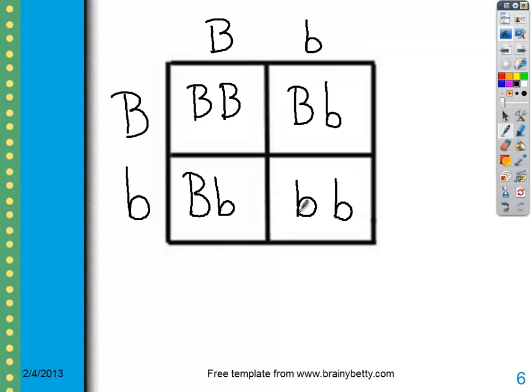All right, so in this example, my offspring are not all the same. I have some differences. So I'm going to have to show that when I do my probability in my genotype and my phenotype. So let's look at our genotypic ratios first. We'll write down our three possibilities: big B, big B; big B, little b; and little b, little b.